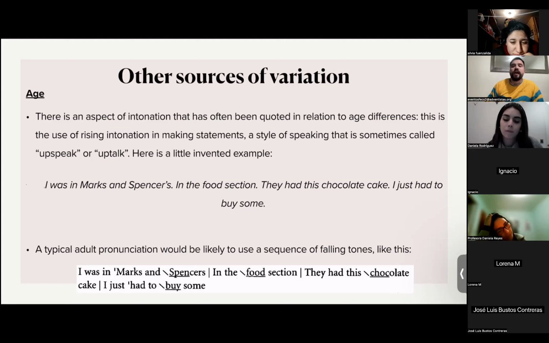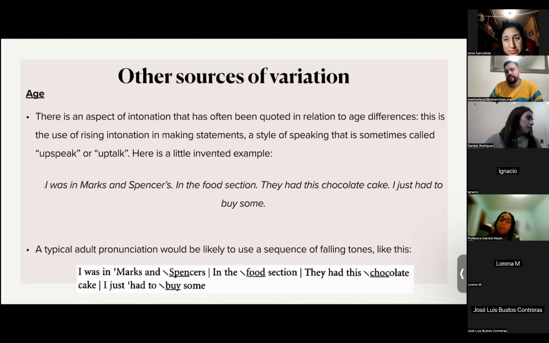Ms. Rodriguez, give it a try to this one. I was in Marks and Spencer's, the food section. They had the chocolate cake. I just had to buy some. Very good. Sylvia. The Marks and Spencer's in the food section, they had this chocolate cake. I just had to buy some.